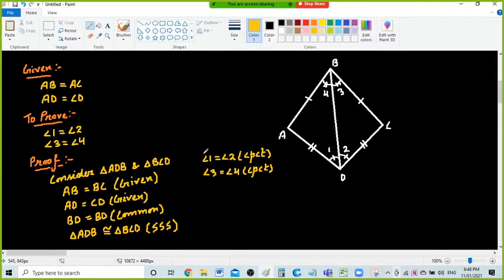That means it clearly says that BD is the bisector of angle ADC and angle ABC.